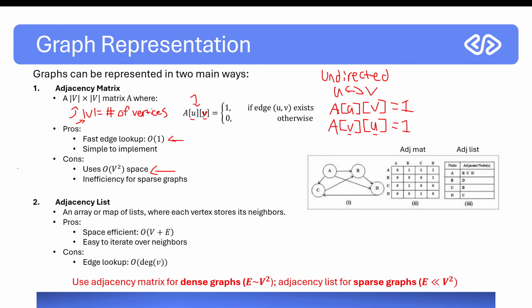But perhaps we have dense graphs, and dense graphs can show up a lot too. So that's why we define adjacency lists.